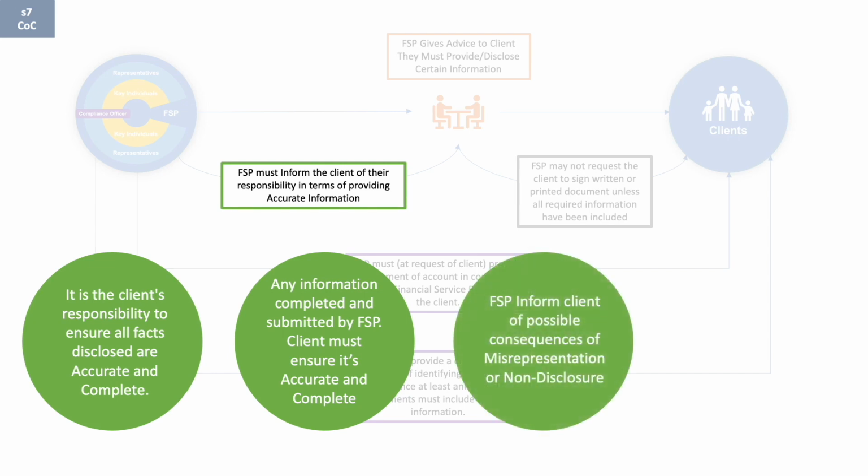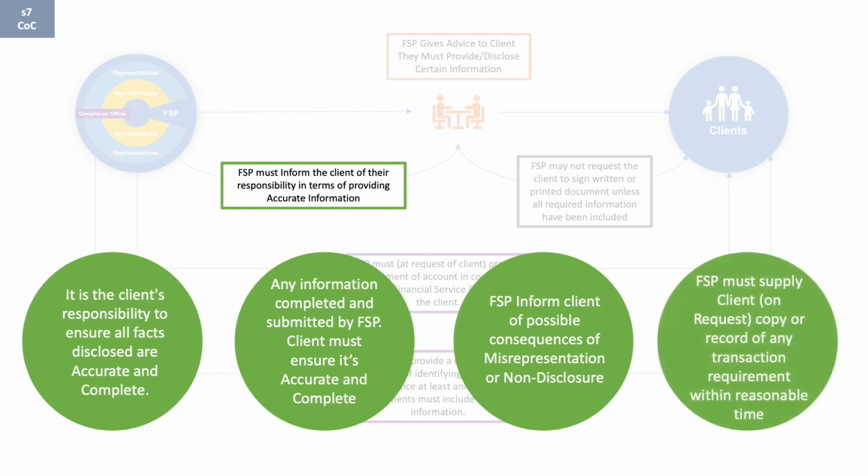The FSP must inform the client of possible consequences of misrepresentation or non-disclosure. Simply put, the results of giving incorrect and incomplete information. The FSP must supply the client, on request, a copy or record of any transaction requirements within reasonable time.